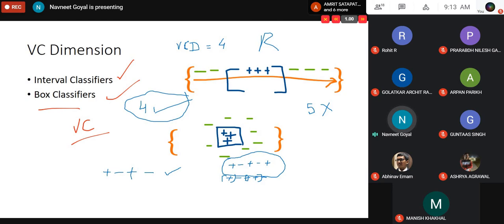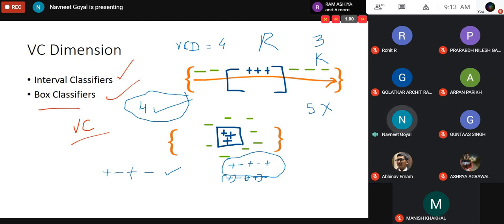So I have given you some problems in the problem set, which is about two intervals, one interval. One interval we have already seen, two intervals we have just seen. So what about three intervals? Or for that matter, what about union of k intervals? So this problem I have given you in the problem set.